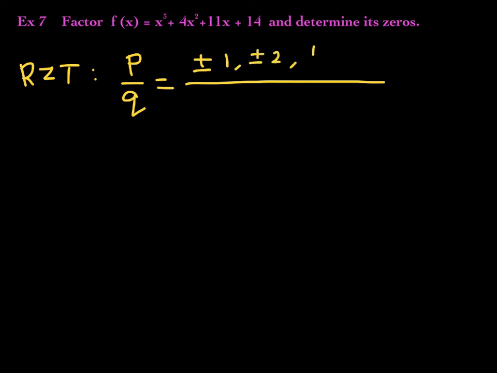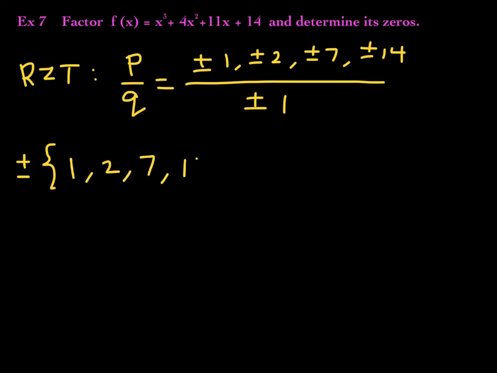These are the factors of 14. And Q represents the factors of the leading coefficient, which happens to be 1, thankfully, so that's just 1 down here. So all of your possible rational zeros are plus or minus 1, 2, 7, and 14.